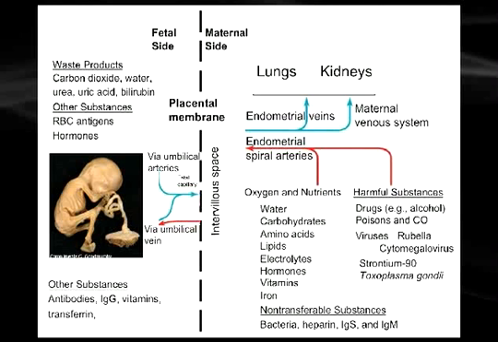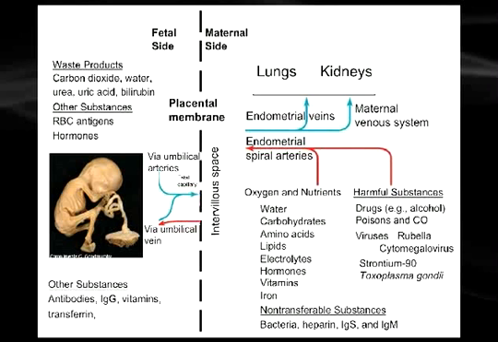There are several things that you do want to cross the placental barrier. Water, carbohydrates, amino acids, lipids, electrolytes, hormones, vitamins, and iron are only a few of the things that are regularly crossing. Unfortunately, there's also many harmful substances that can cross, including alcohol, poisons, carbon monoxide, which highly affects the fetus because of the attraction to carbon monoxide being higher, just like it is with oxygen.